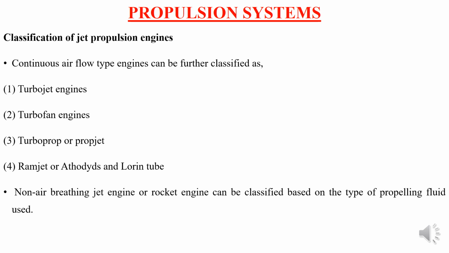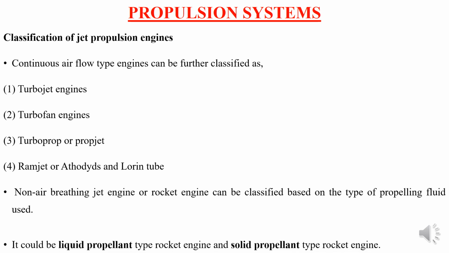Again, in non-air breathing we also have two types, depending upon the type of fuel used. The fuel might be solid type or liquid type. Here the fuel is called a propellant rather than fuel. So we have two types: solid propellant and liquid propellant.